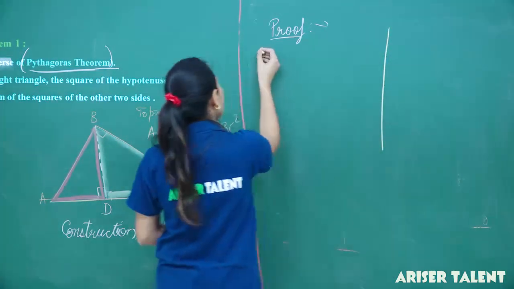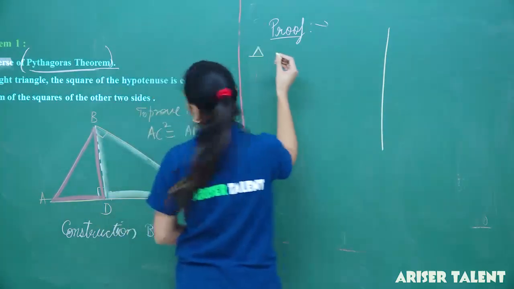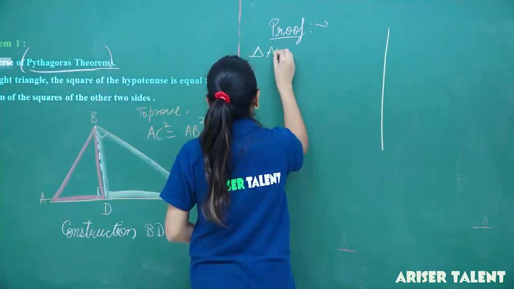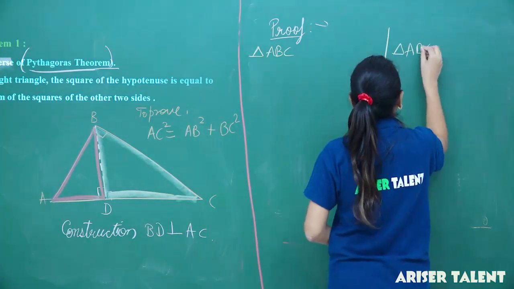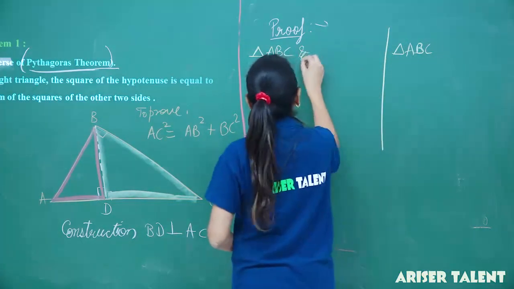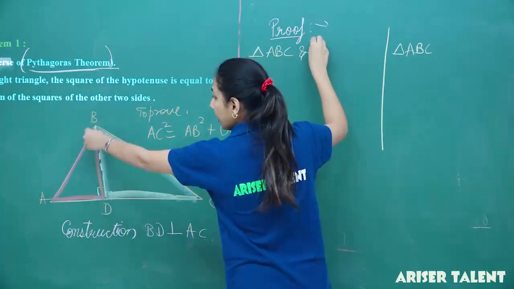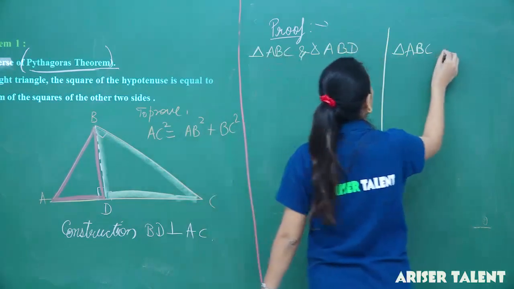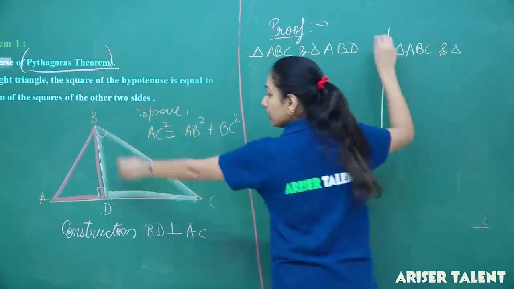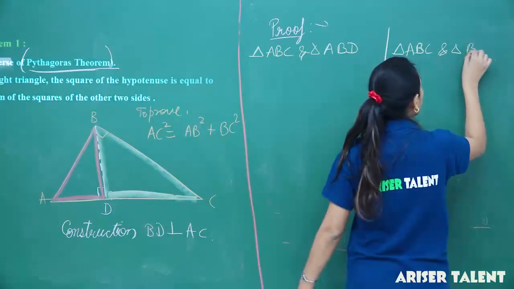In this part, we'll have triangle ABC common in both, and here triangle ABD and here triangle BDC.